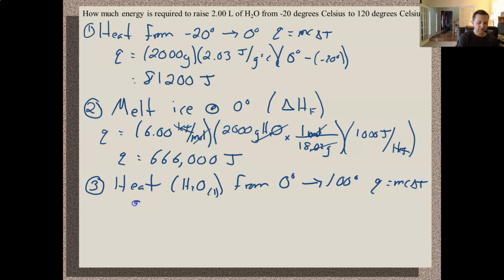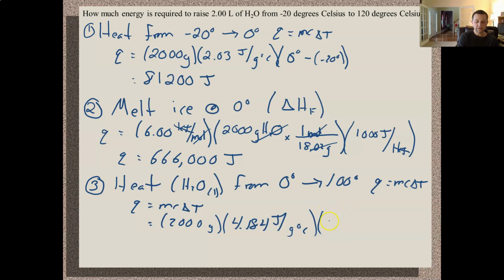So let's go ahead and do it. We have Q equals MC delta T. So our mass, we still have 2,000 grams. Now our C value, the specific heat, we're at liquid water now. So we can go to what we know for water, which is 4.184 joules per gram degree Celsius.